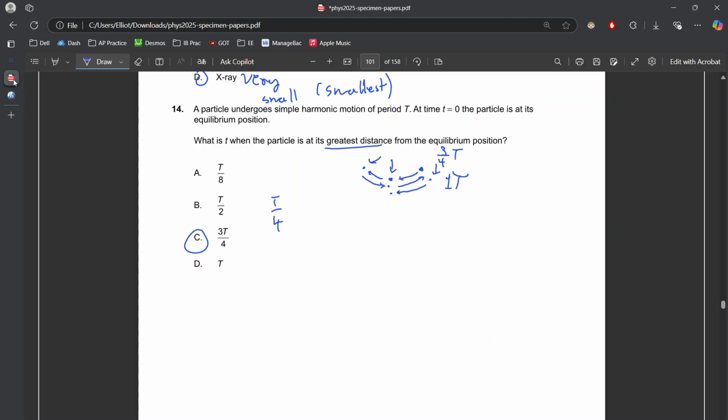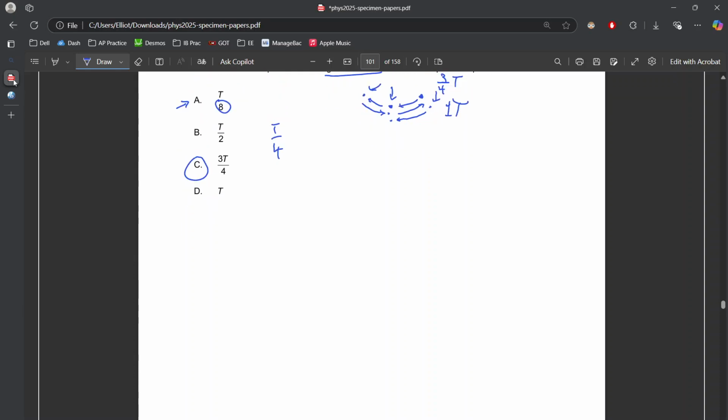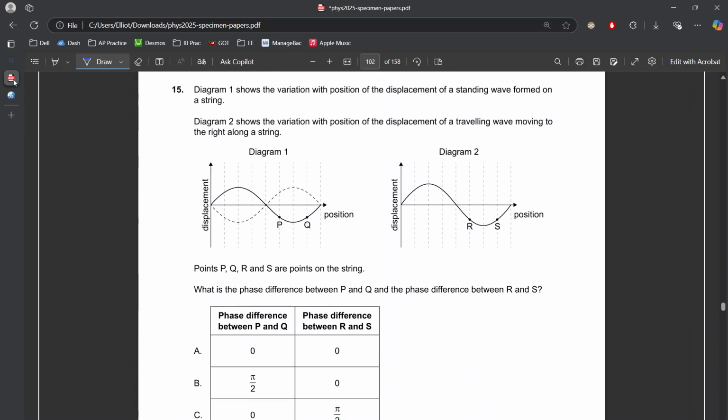You probably won't get T over 8, because this is all trigonometry, so sine and cosine all come in quarter parts of periods. So you should know that the next important point happens a quarter of a period over. Anyway, it's C, long story short.